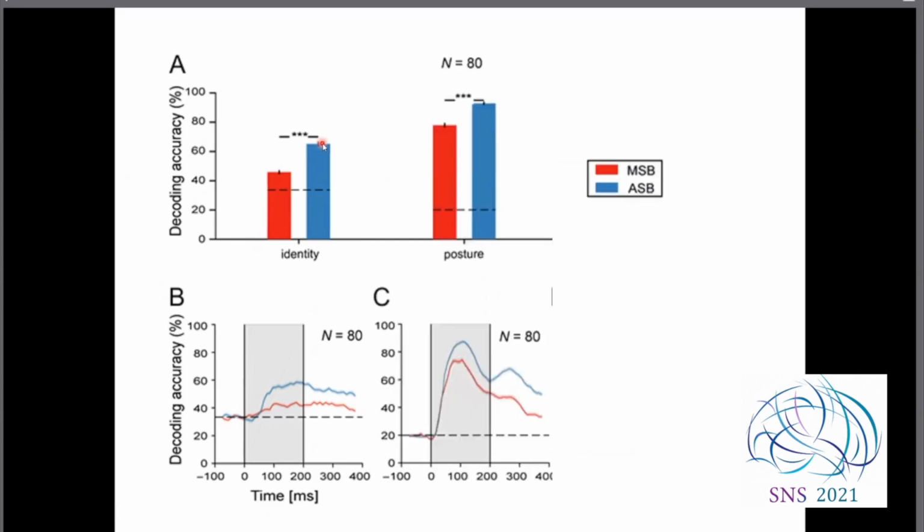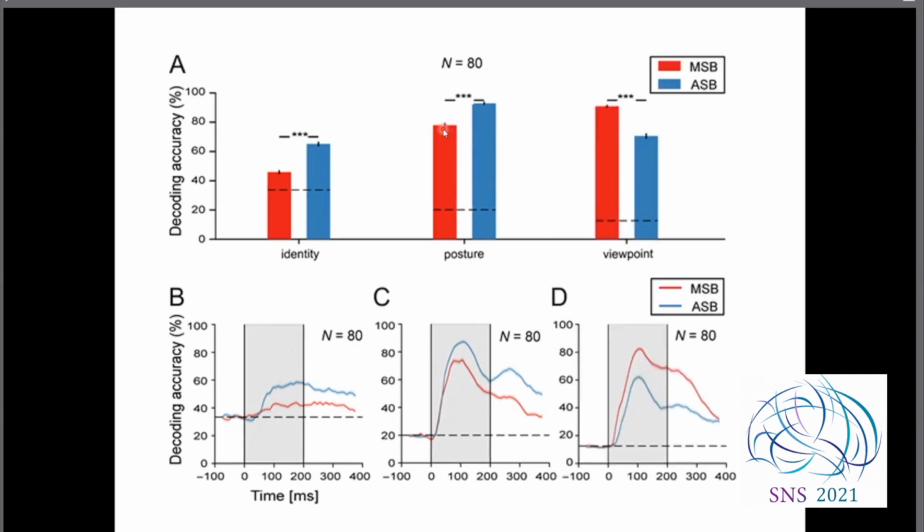The same thing for posture. So when we ask the classifier to classify posture, irrespective of the identity, irrespective of the viewpoint, then ASB is better than MSB. However, when we ask the classifier to classify viewpoint, then the performance is better for MSB compared to ASB.